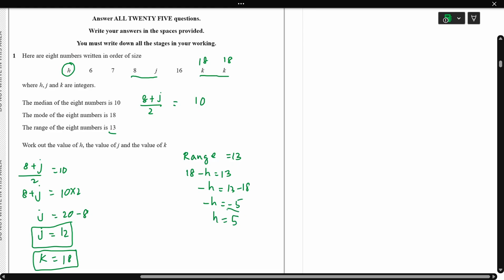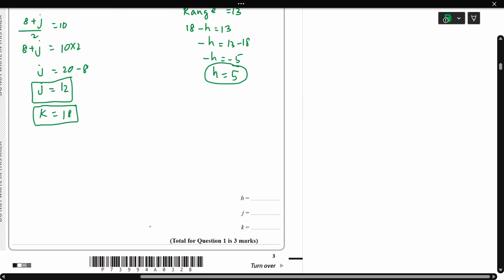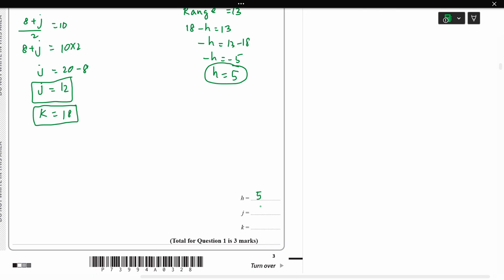So we got the answer. The final answer is H equals 5, J equals 12 and K equals 18.